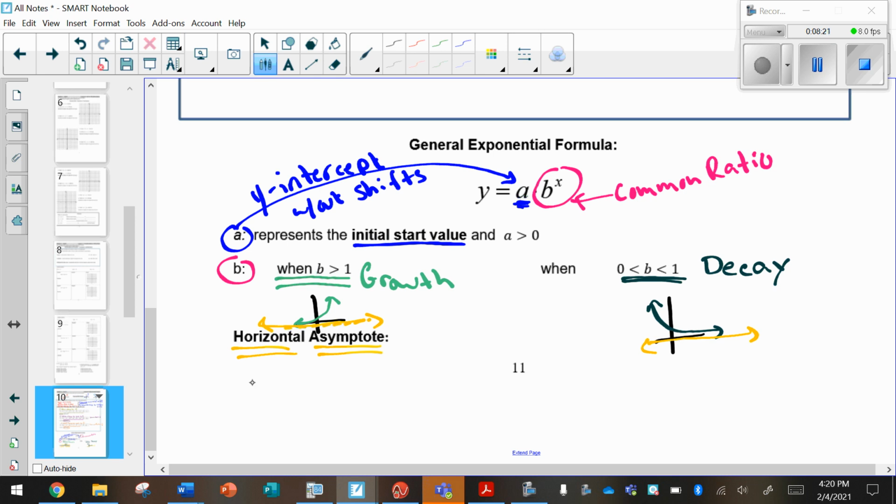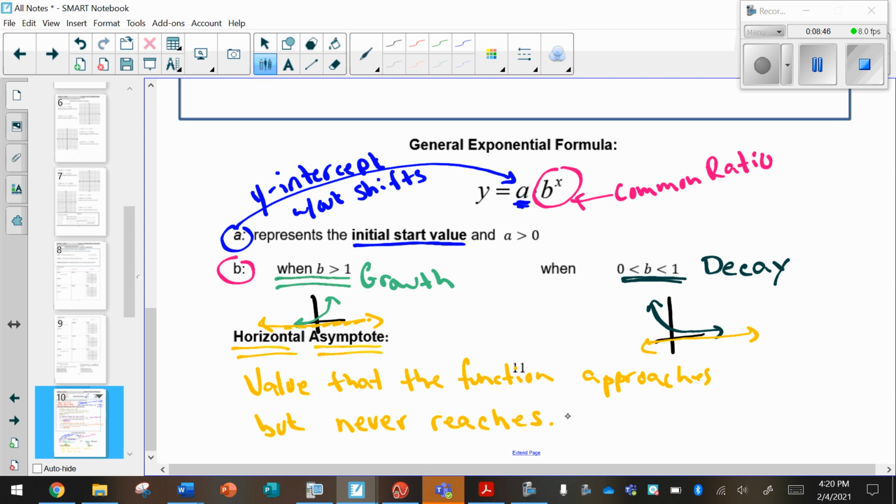The asymptote is the value that the function approaches but never reaches. Never exactly gets there.